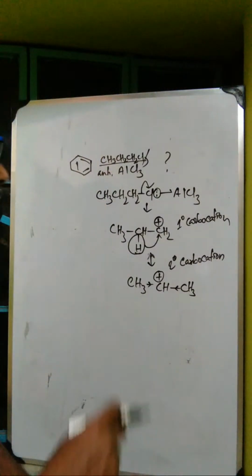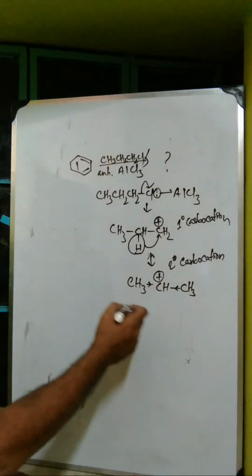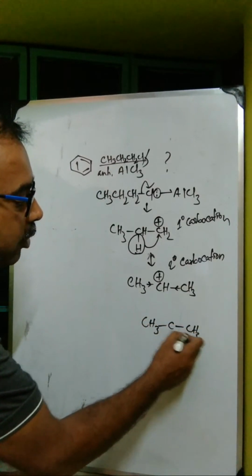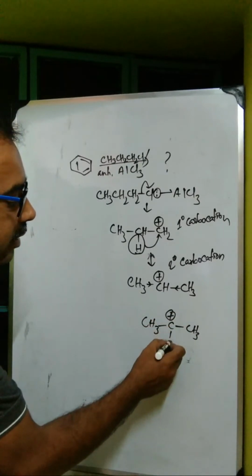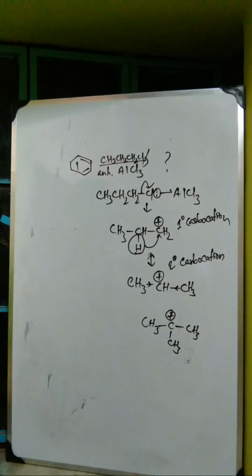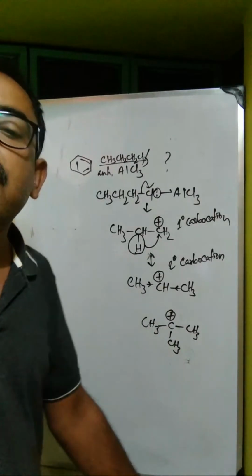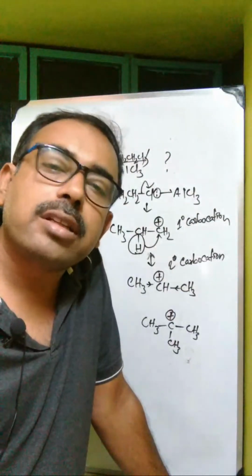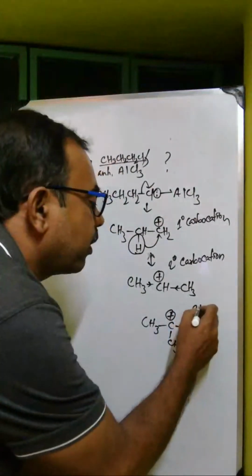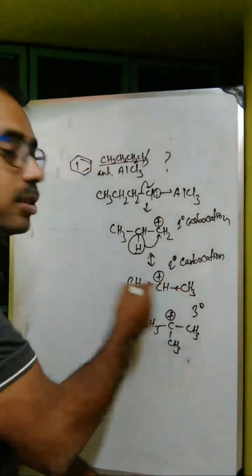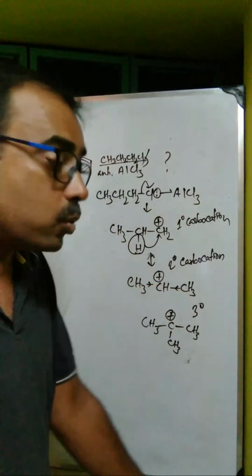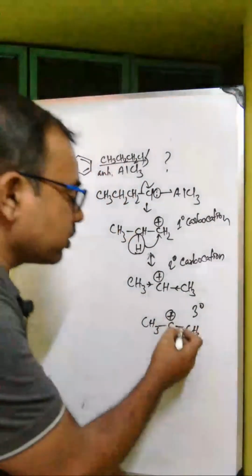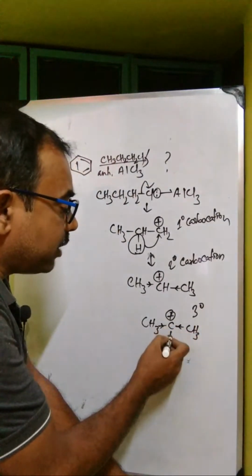And for example here, in this carbocation the positive charge is here and surrounded by 3 CH3 groups. This carbocation has 3 carbon atoms bonded with the carbon which is carrying the positive charge, and this one is called a 3 degree carbocation. Now the CH3 group will show the plus I inductive effect and reduce the positive charge of the carbon, and here 3 CH3 groups are there which will show their plus I inductive effect.